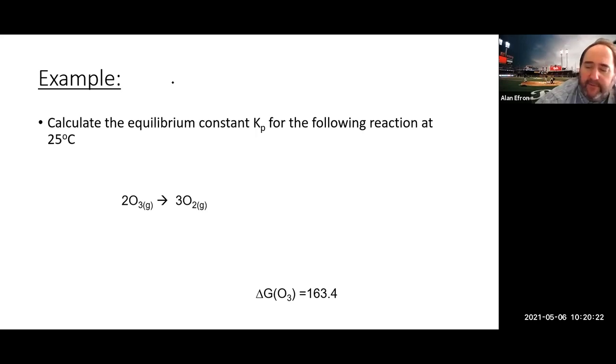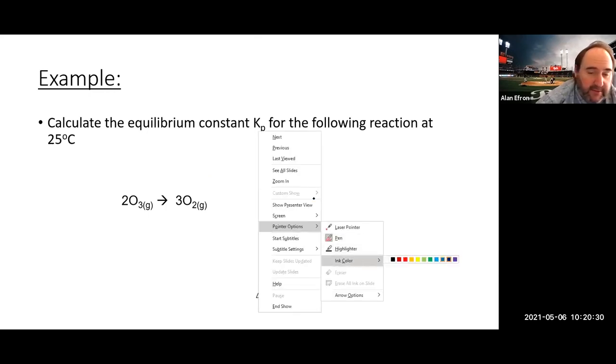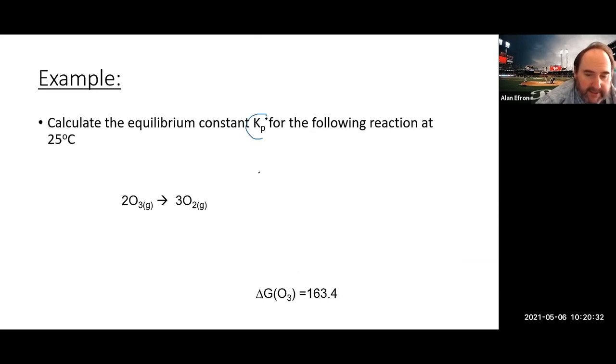In this problem, if I were to approach it from the start, I obviously see something here that mentions equilibrium constant, and that automatically makes me think I should use the delta G that involves the equilibrium constant, which is this guy. Let's think about the information given to us.